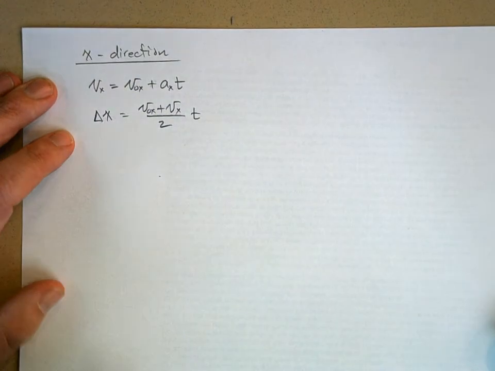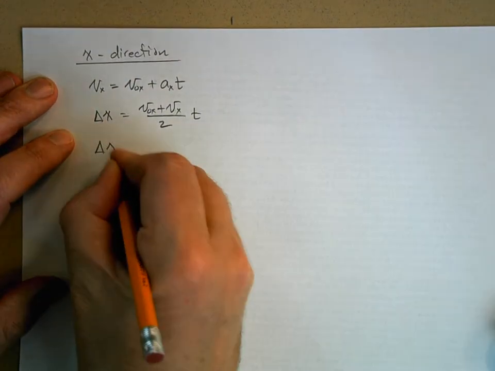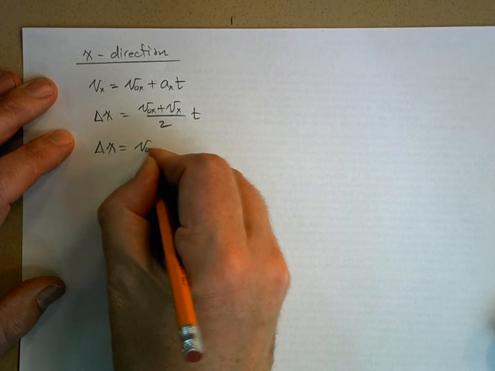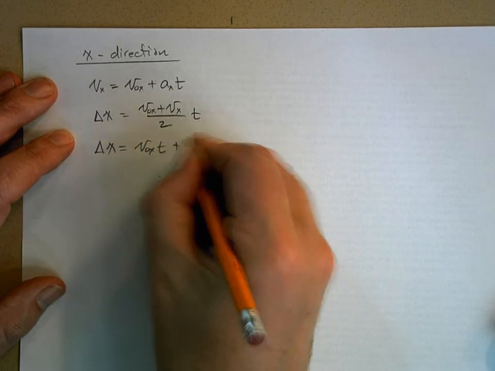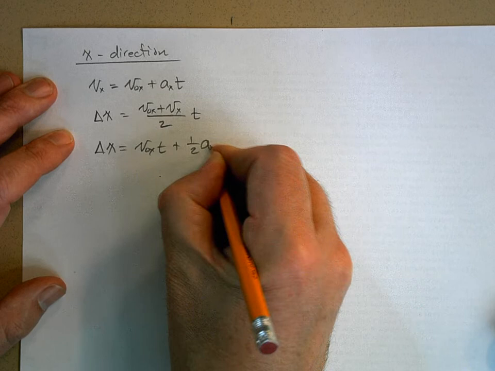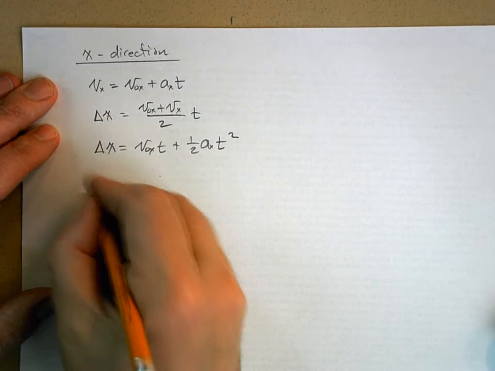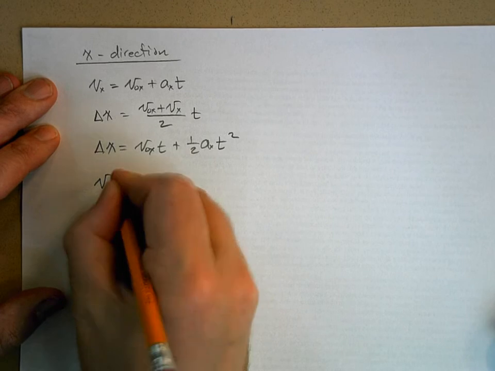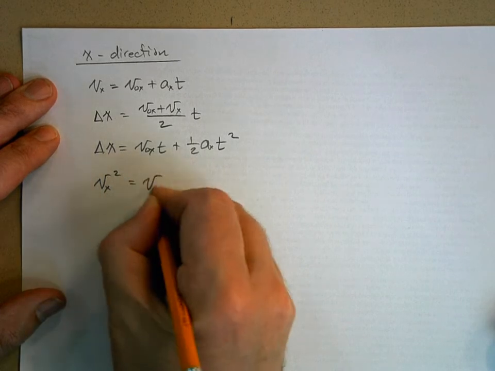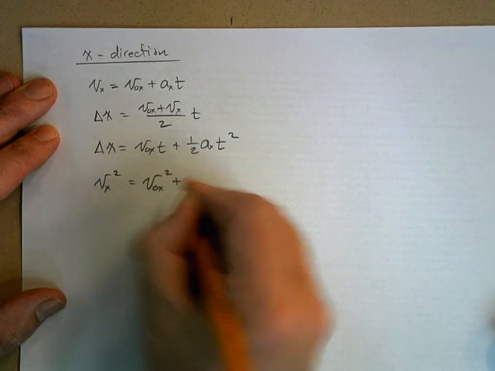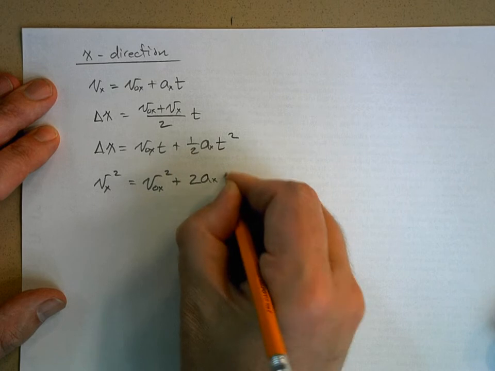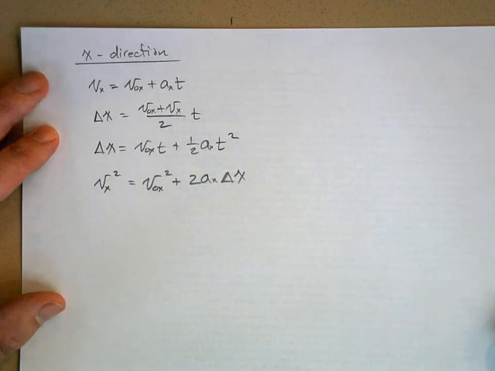And then we have the third kinematic equation. Delta x equals v naught x times time plus 1/2 the acceleration in the x direction times time squared. And then we have the final velocity in the x direction squared equals the initial velocity in the x direction squared plus twice the acceleration in the x direction times our displacement in the x direction.